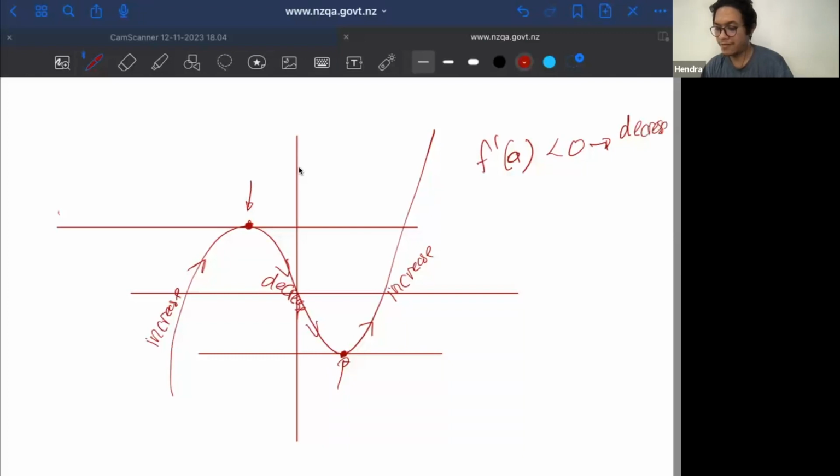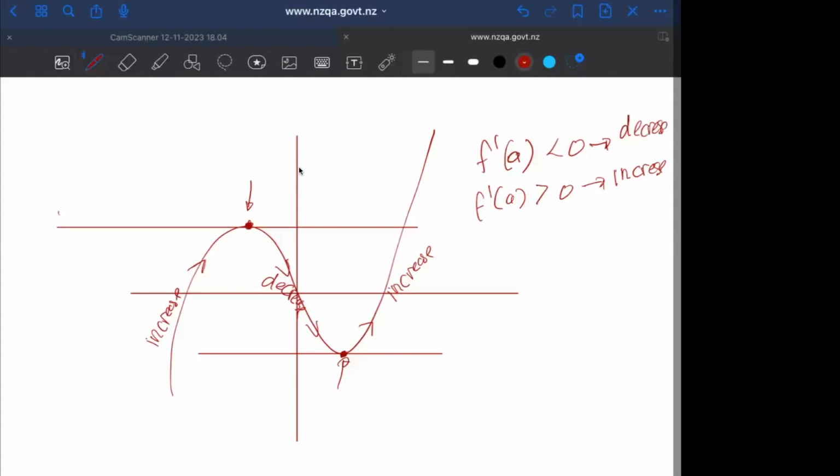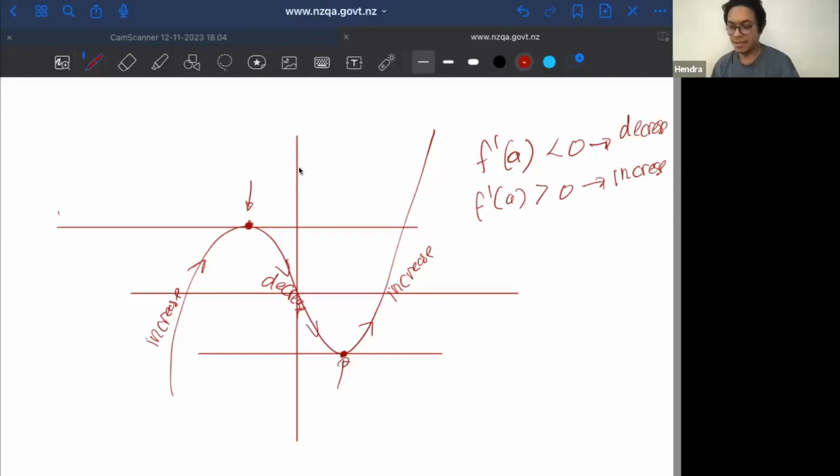If f prime is bigger than 0, then increase. Okay. Let's go back to this.